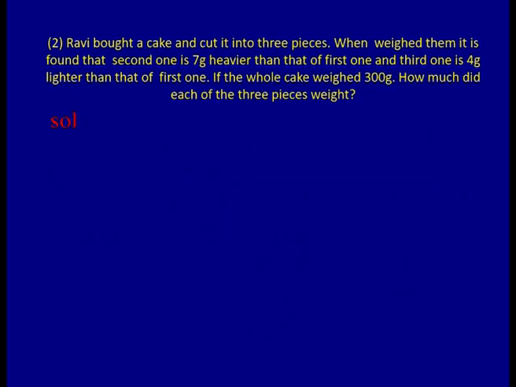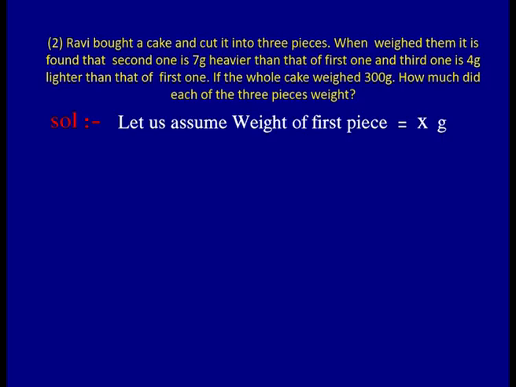Let us assume the weight of the first piece is equal to x grams. Weight of the second piece is equal to x plus 7 grams, because it is given in the question that the second one is 7 grams heavier than the first one.